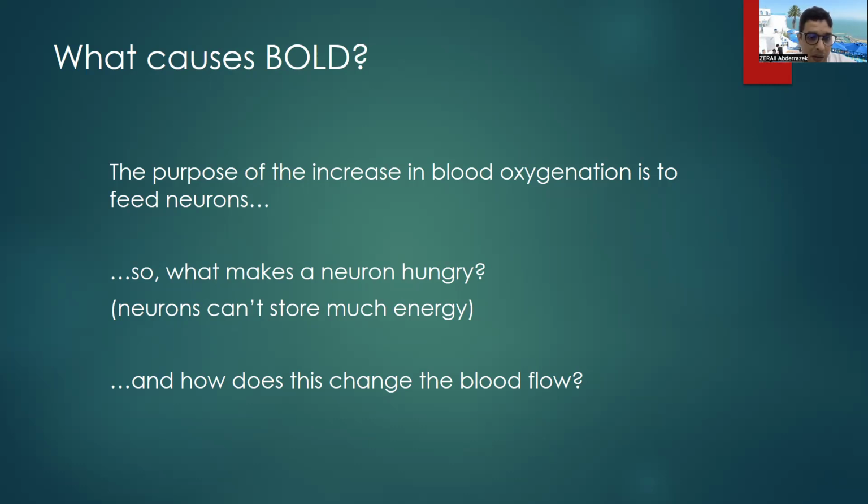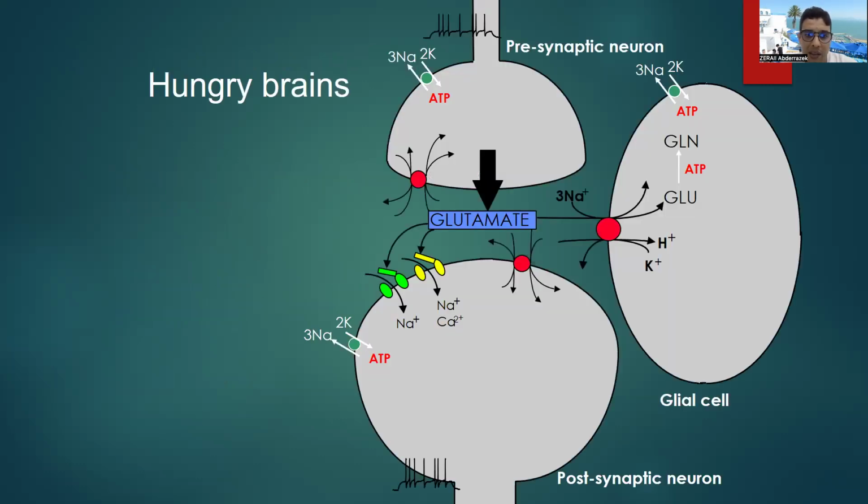So the consumption of oxygen, nutriment and glucose is what makes our neurons need oxygenation. This is the physiology of the hungry brain, which always needs oxygenation.